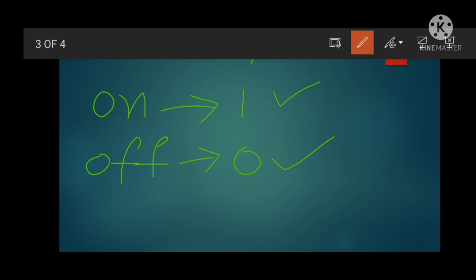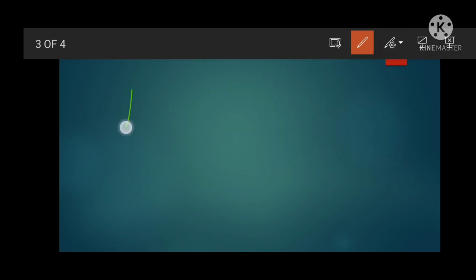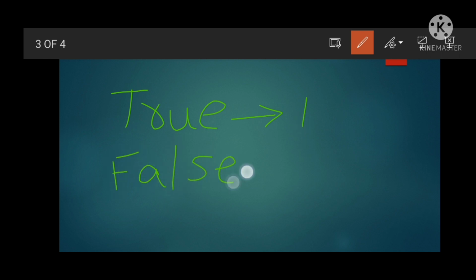So that is how the computer will understand the on and off. If you're giving it as true, true will be 1. And how about false? Obviously, it will be the opposite of 1, which is 0. Because we just have two things in binary. It can be either 0 or 1, none other than that.